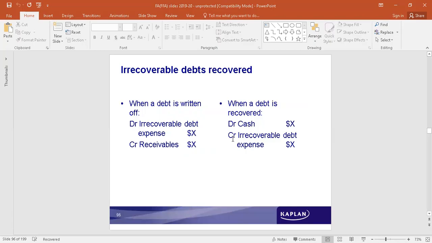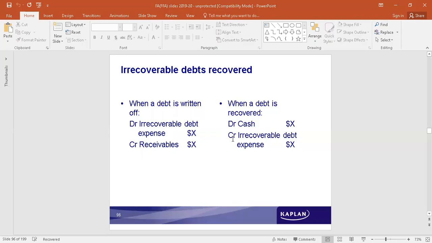Let's say in the last period, some amount of bad debts was accounted as a loss. Receivables is closed, the loss is accounted for, and things are all settled. Now in the current period, assume those customers come back and make the payment.